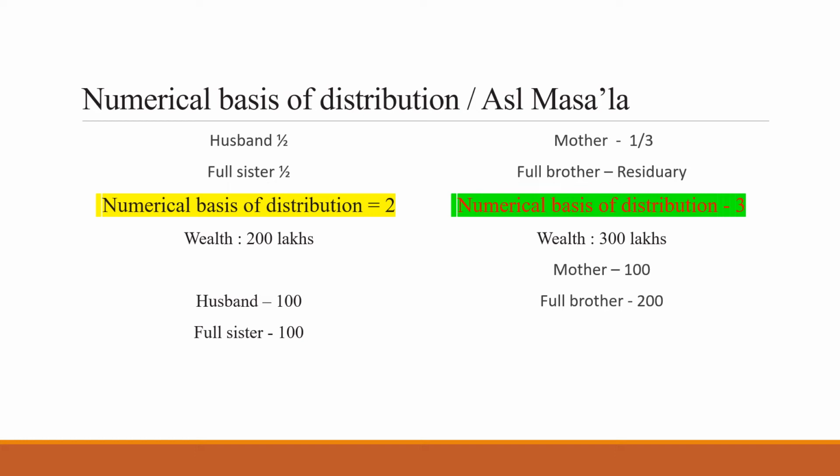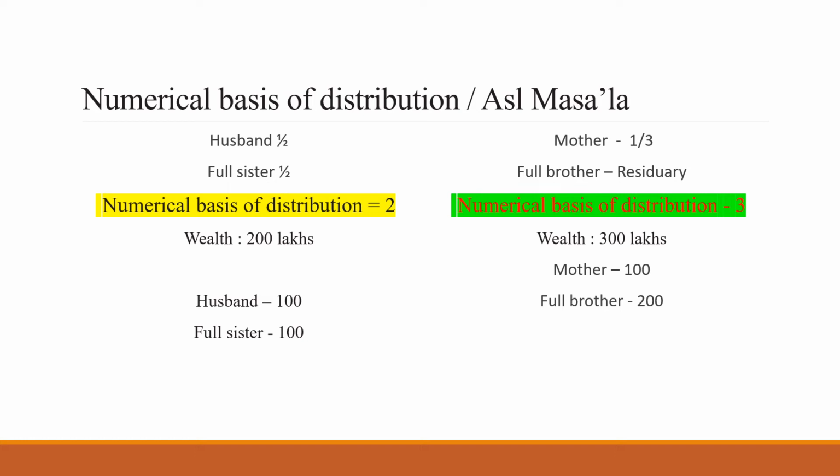Then what does it mean? It means we will take the wealth as 200 lakhs. Then the numerical basis is 2. It means 200 must be divided into 2. The asset will be divided into 2 portions. One portion will be the half that goes to the husband, another half goes to the full sister.